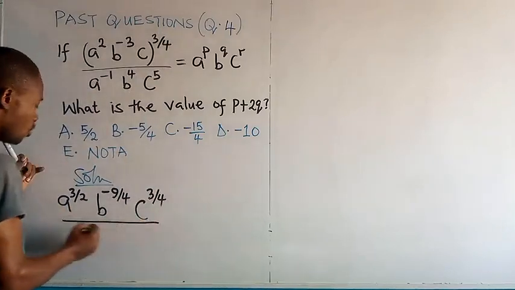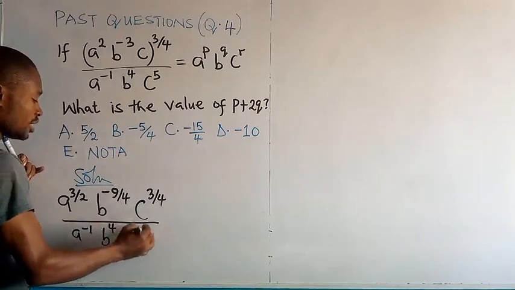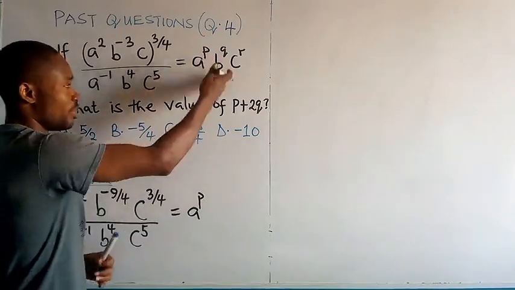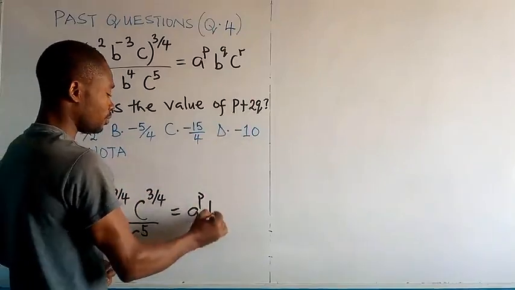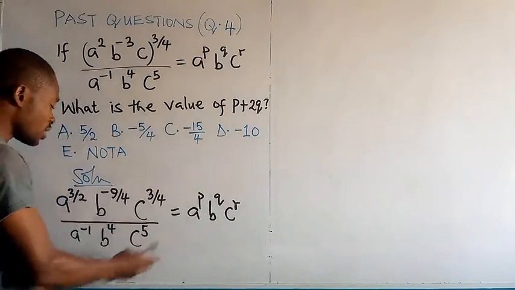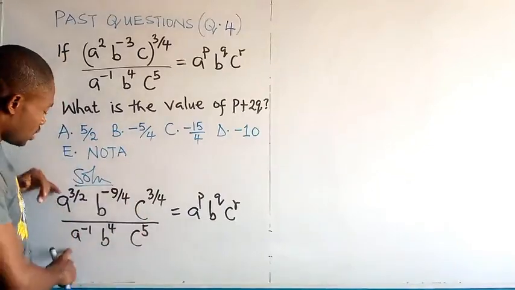And this is going to be all over a to the power of minus 1, b to the power of 4, and then c to the power of 5. We shall equate this to a to the power of p, b to the power of q, c to the power of r. Good. At this point on the left-hand side, I am going to apply the division law of indices, because we have similar bases.